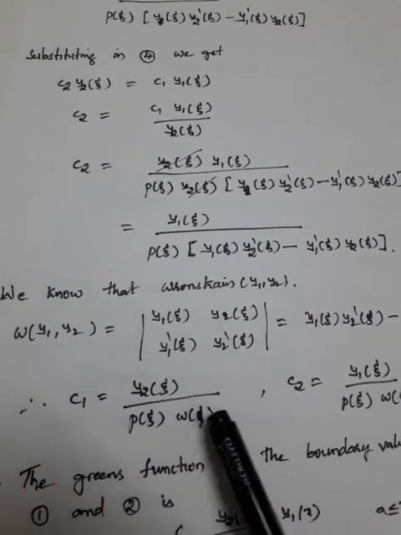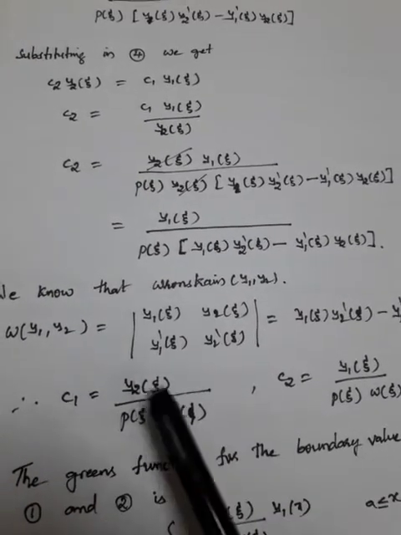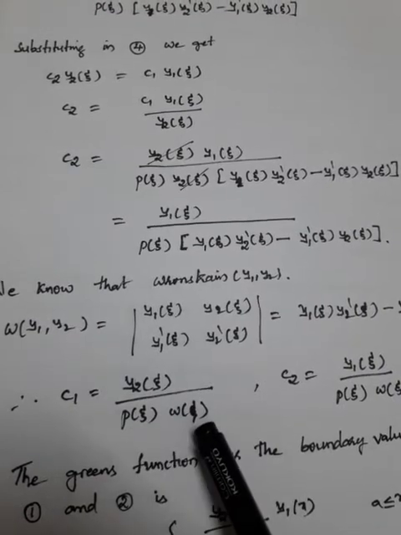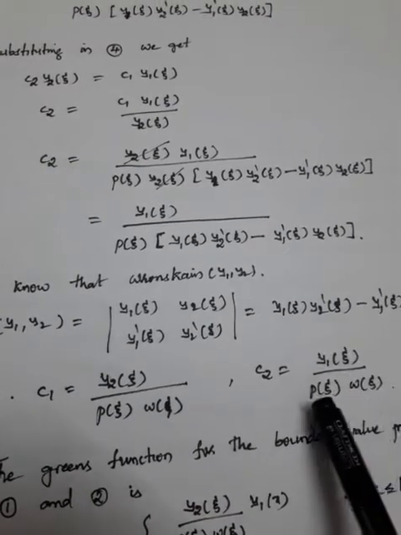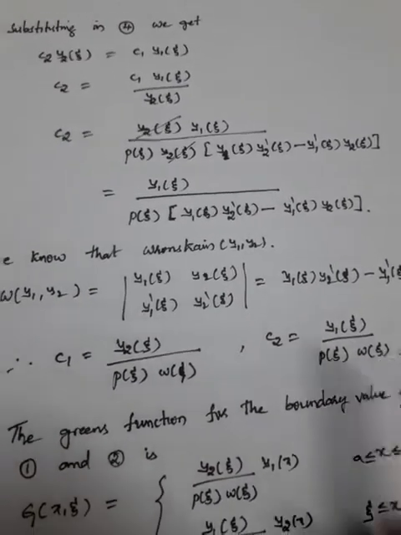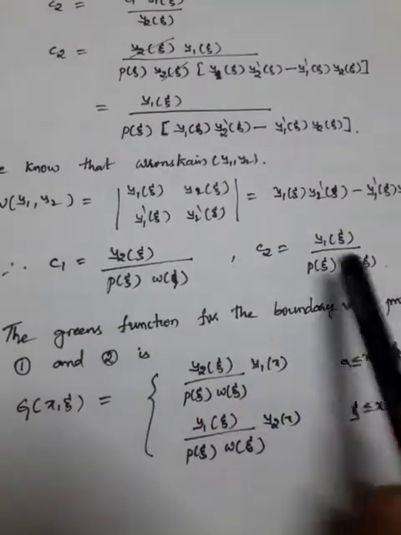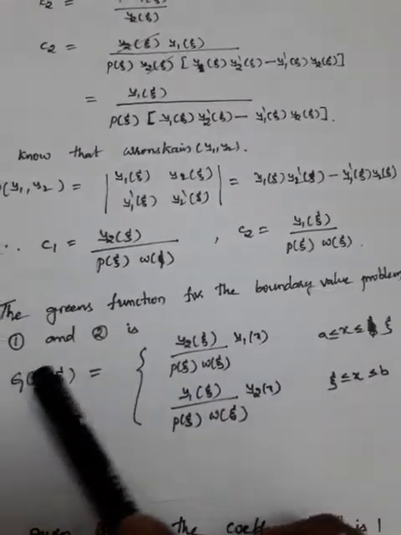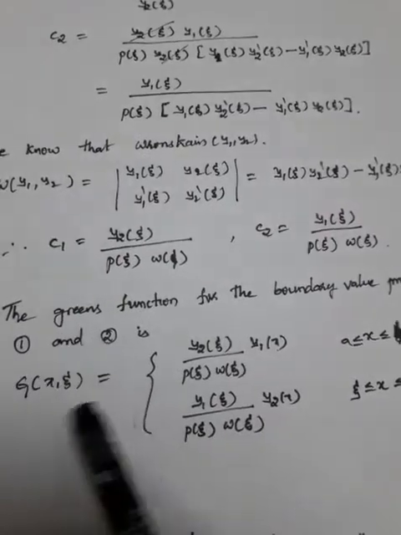Simply I am writing it as W of ξ. So c1 is y2 of ξ by p of ξ W of ξ, and c2 is y1 of ξ by p of ξ W of ξ. Now both these values we are going to substitute in the Green's function.